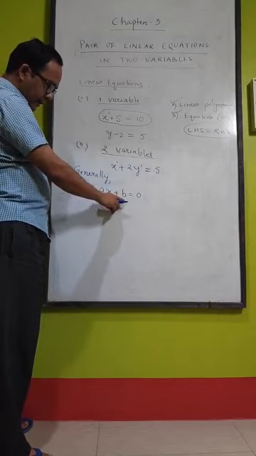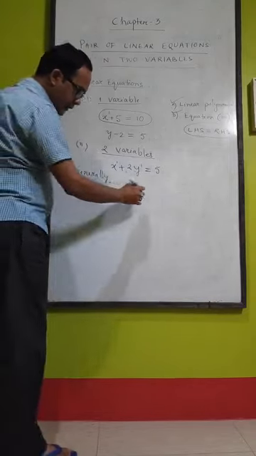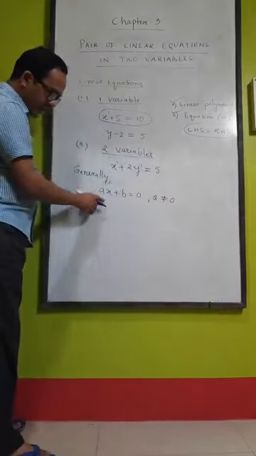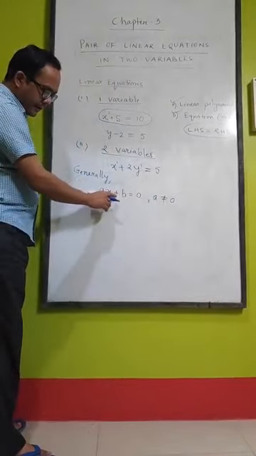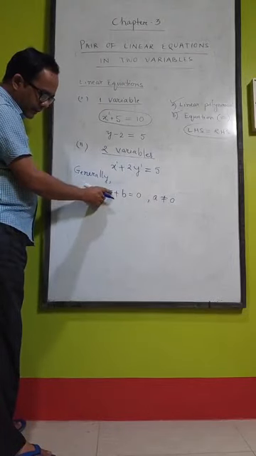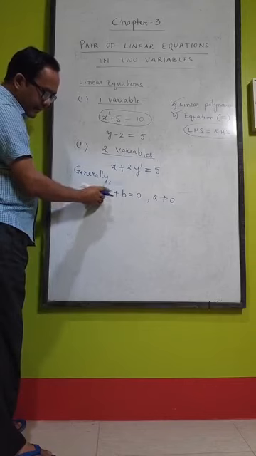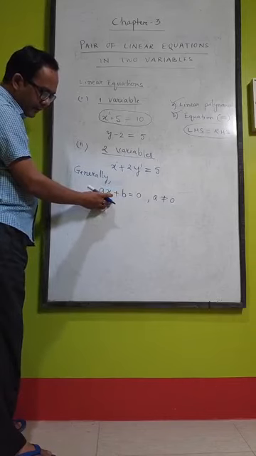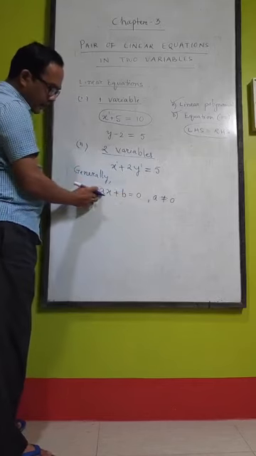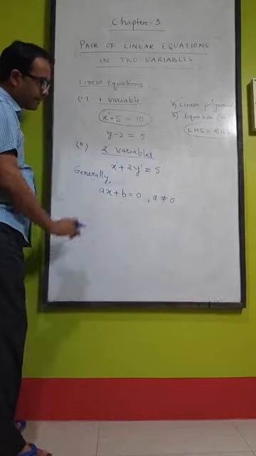A and b are two real numbers, and a is not 0. A cannot be 0. B can be 0, it doesn't matter, but A should not be 0. Because if A becomes 0, then this term will vanish and we will not see any variable. We will see simply a relation between the numbers. Therefore, this should not be 0.